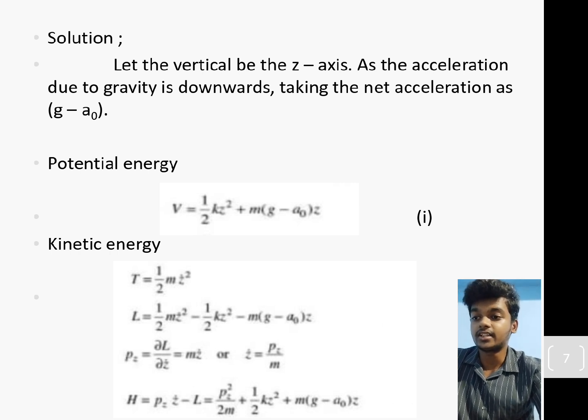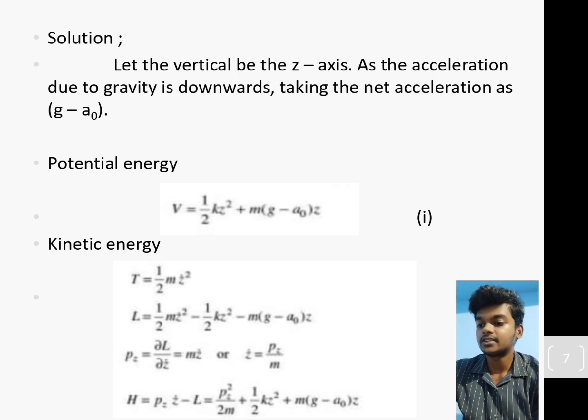And the kinetic energy T equal to half m z dot square. So in Lagrangian, L equal to kinetic energy minus potential energy. So L equal to 1 by 2 m z dot square minus 1 by 2 k z square minus m into g minus a naught into z.